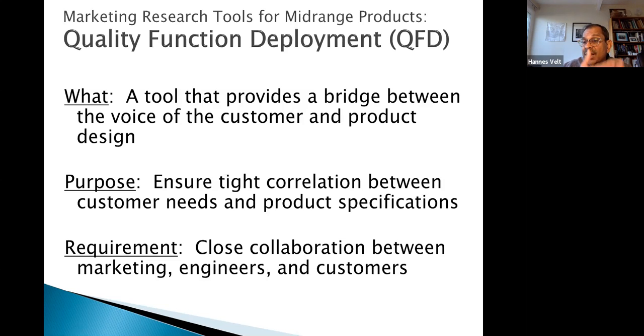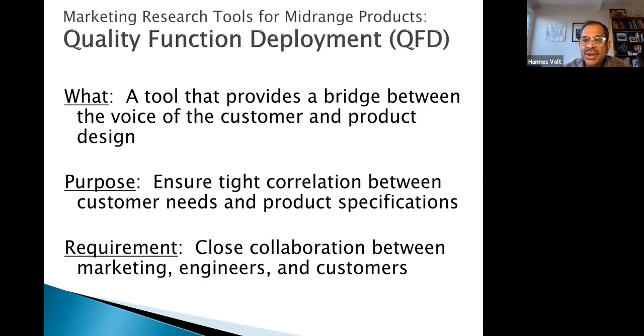So we need to increase the weight of the door. We need more steel of a higher grade and quality, and so on and so forth. And there has to be a tight correlation between the rows and the columns. So that's what the overall technique of QFD is.